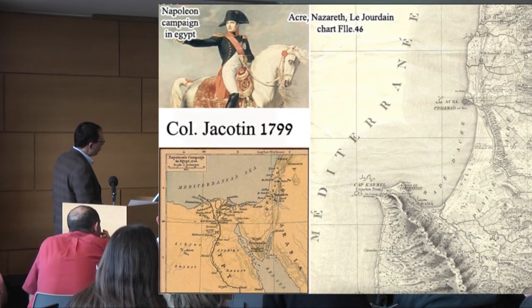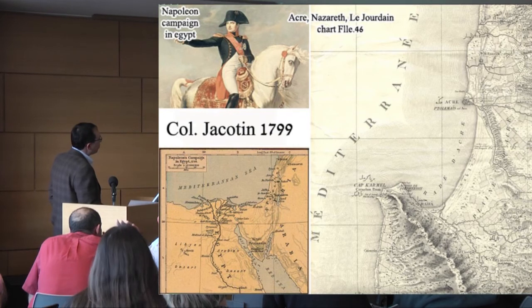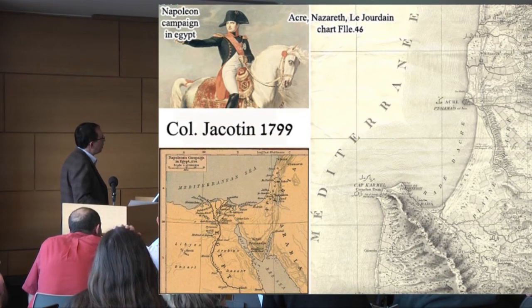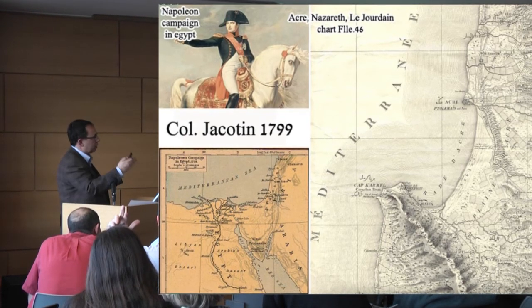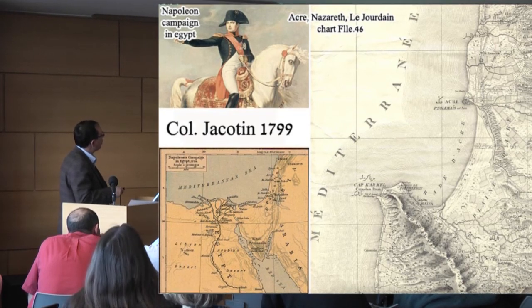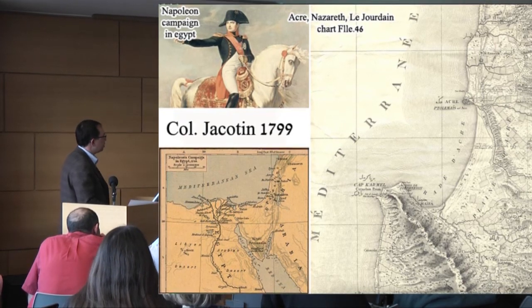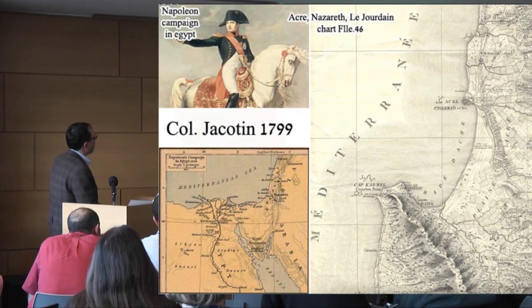From a geodetic point of view, the first map from which we can extract the coastline and use it for measuring the shoreline position is the one of Colonel Jacotin, that was measured in 1799.